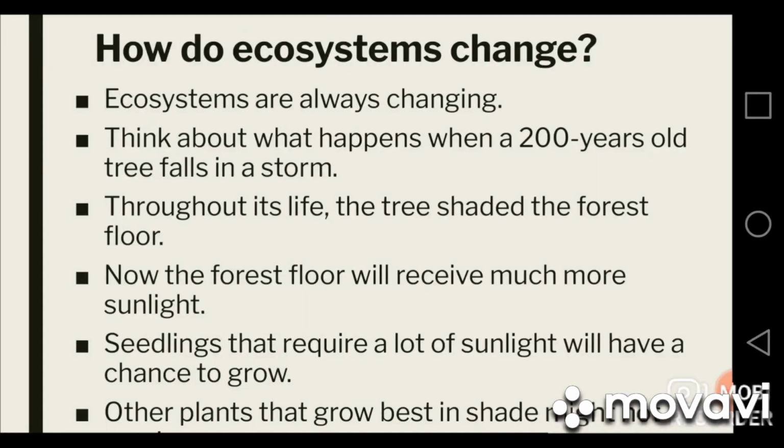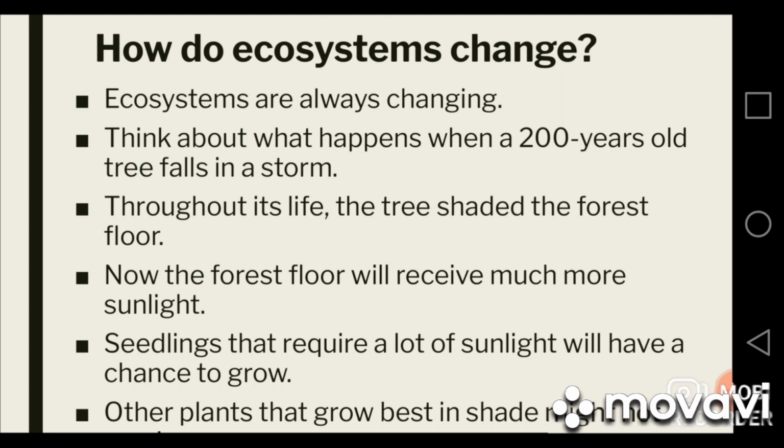Now we will read how do ecosystems change. Ecosystems are never the same, they keep on changing with time. These changes can be caused by different reasons. Sometimes the animals cause the changes, sometimes the plants cause the changes, and sometimes the environmental factors also change an ecosystem. Just think about a 200 years old tree that has just fallen in a storm.